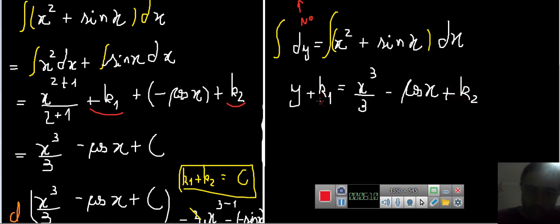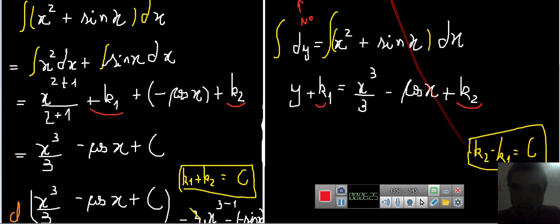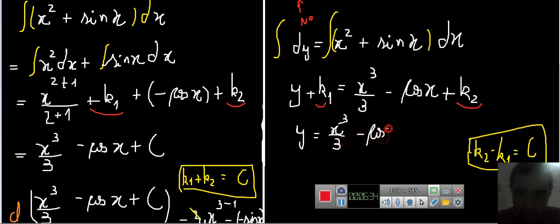So if we take k2 minus k1 and define this as just c, okay, we will get y equal x cubed over 3 minus cosine of x plus c.